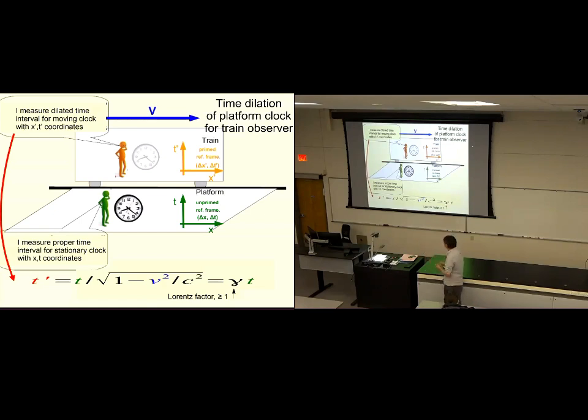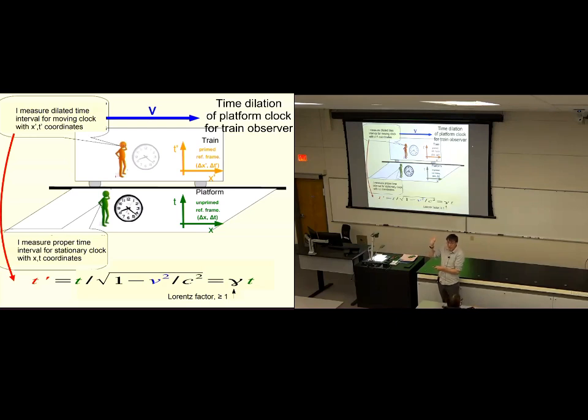The observer in the train, however, who's going to see this clock moving, because that observer is moving, sees the clock tick slower. That's time dilation.